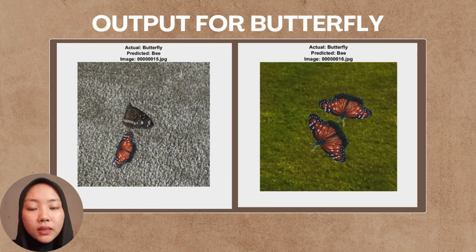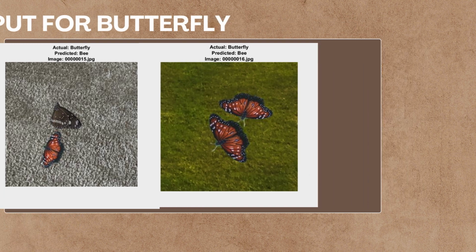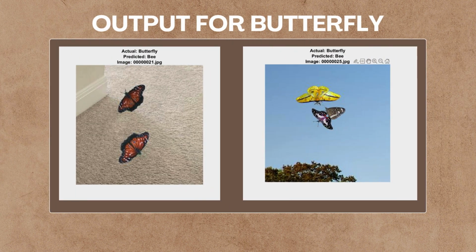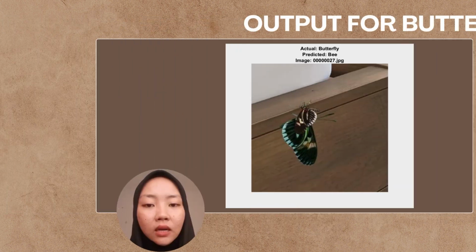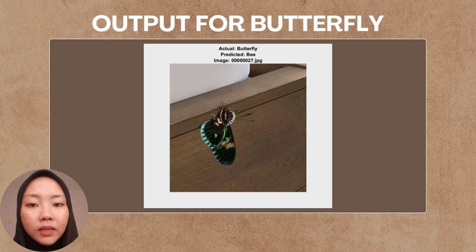Now we will go to the output for the testing process of butterfly. The output is for actual butterfly but the predicted is bee, same as the second image. For the last output for the testing process of butterfly, the actual is butterfly and the predicted is bee.